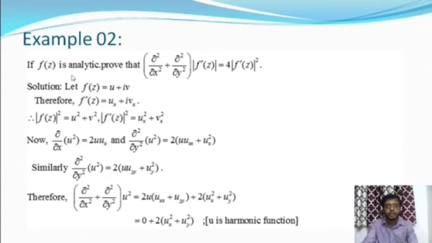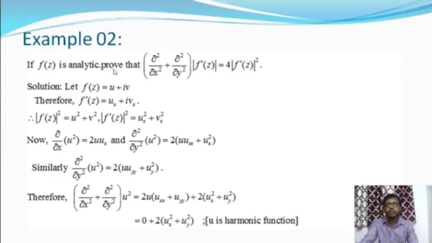So if u is harmonic, then u satisfies the Laplace equation, that is del 2u/del x square plus del 2u/del y square is equal to 0, as well as v is a harmonic function, that means del 2v/del x square plus del 2v/del y square is equal to 0.